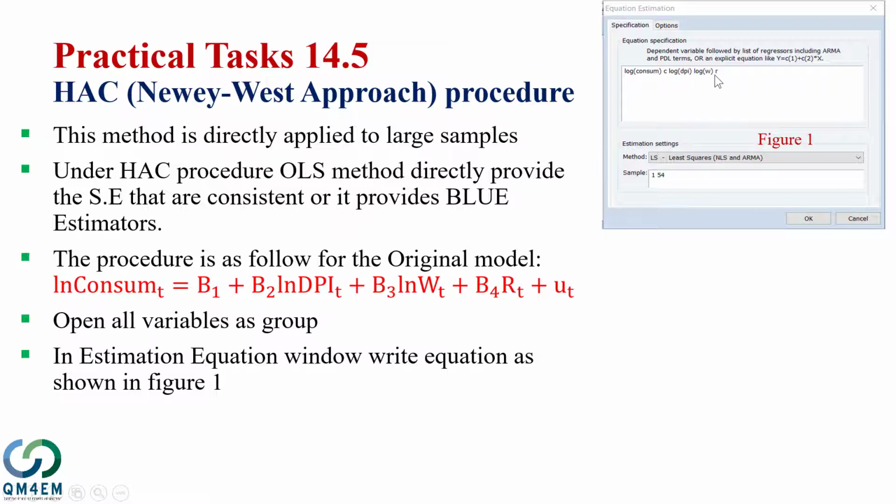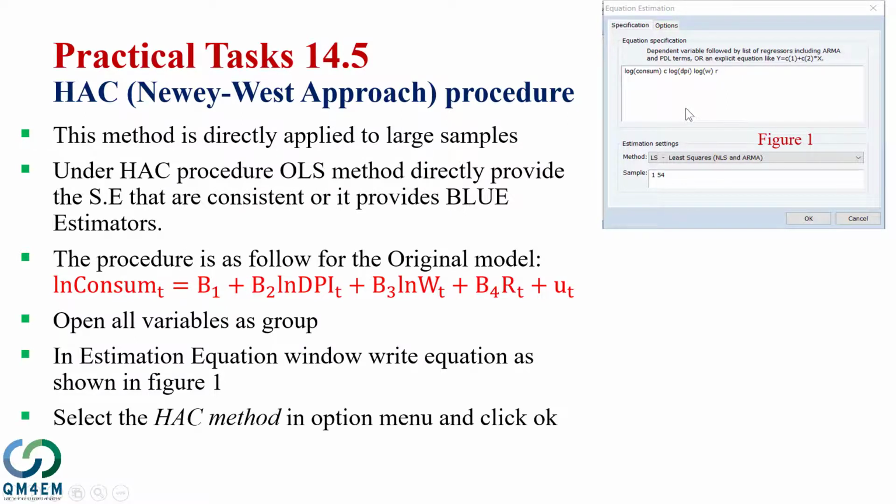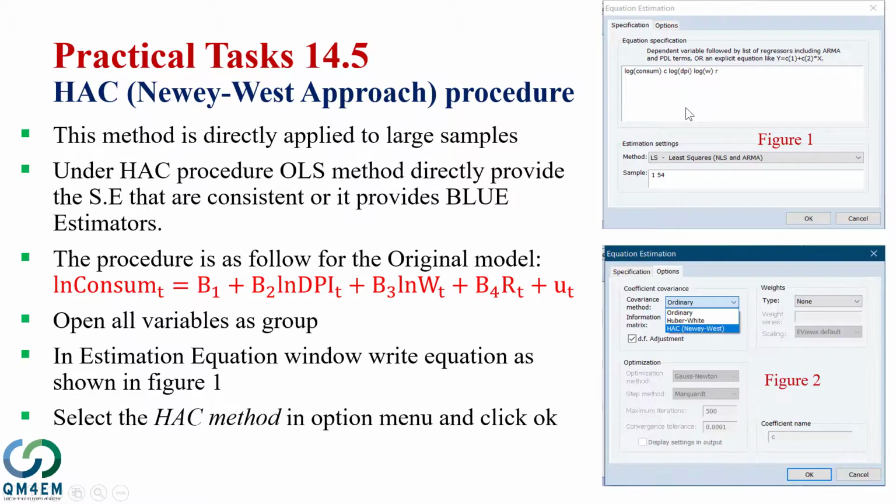Now click on the Options tab on the top. A new window shows you covariance methods. Within these methods you go for the HAC or Newey-West method. You select this method and then press OK. So you will get the results.